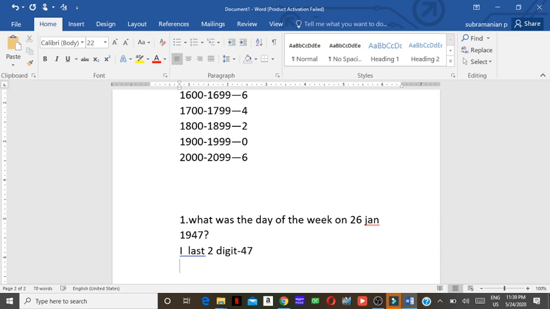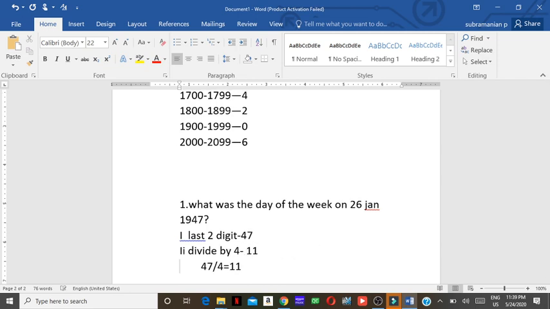Second step is to divide by 4. We should divide 47 by 4 and take the quotient. 47 divided by 4 gives a quotient of 11. So we are taking 11.